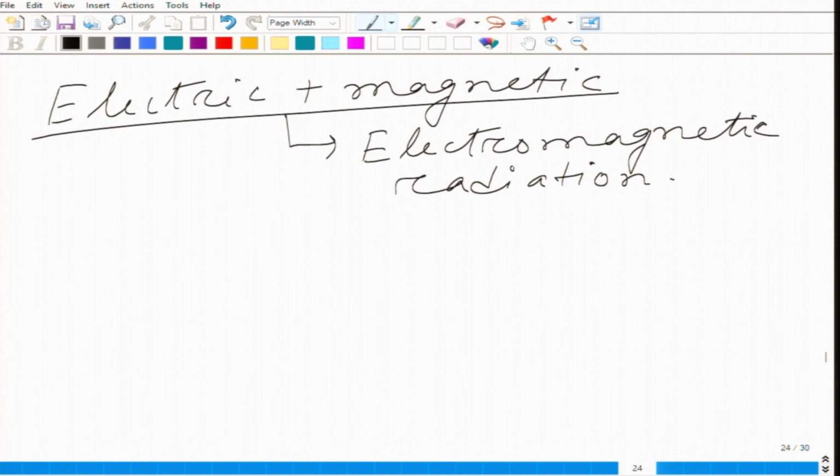Electromagnetic radiation has various components.